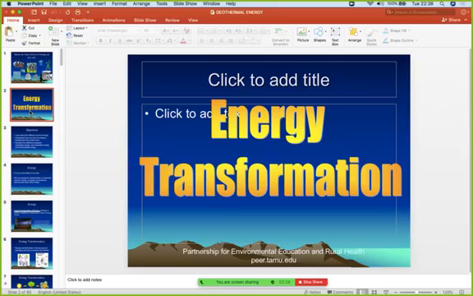So what is energy transformation? We're talking about that here.